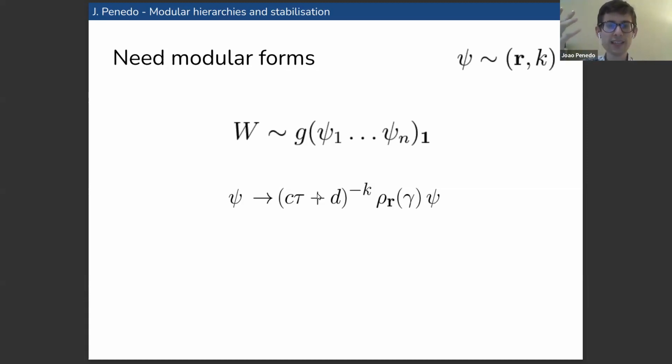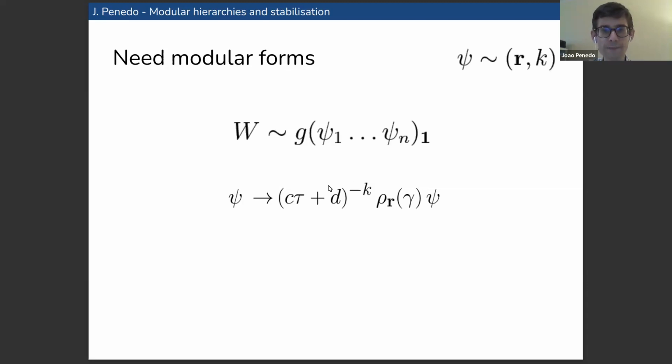This means that when your fields transform and you want to say your superpotential is invariant or changes by some constant term, okay, for our purposes, let's say it's invariant, then you have to cancel not just the representation matrices rho, like in the usual flavor symmetry, but also all these c tau plus d factors.